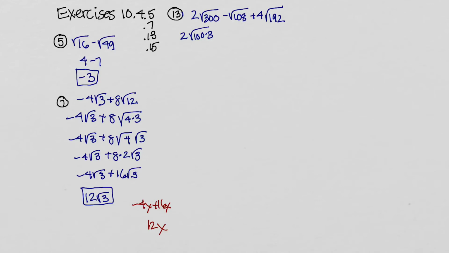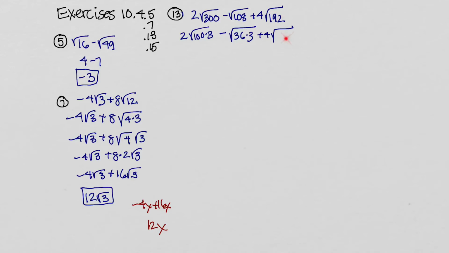Now this is going to be minus square root of, now look, we know we're looking at 3's, so on your calculator you might do this. Take 108, divide it by 3, and sure enough, it goes in 36 times, and you know the square root of 36, so we'll get 36 times 3 plus 4 times. Now, let's do the same thing with that 192.